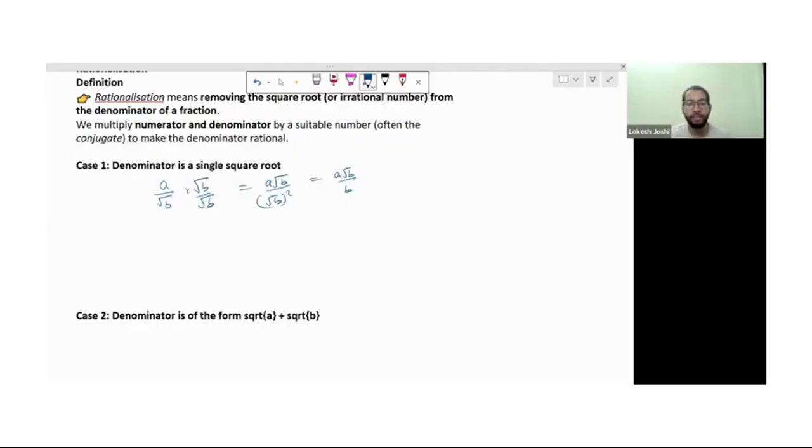Now it's in the rationalized form, as in the denominator there is no square root. Now if I have 2 upon square root 3, try to solve it yourself. We multiply square root 3 in the denominator and numerator, making the denominator a perfect square, and it will be 2 square root 3 by 3.